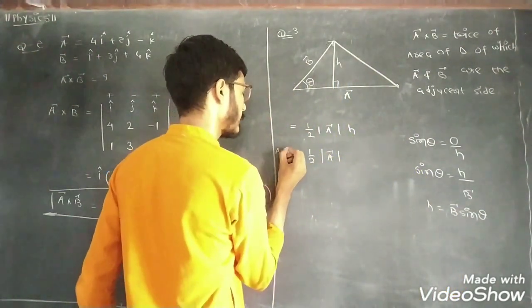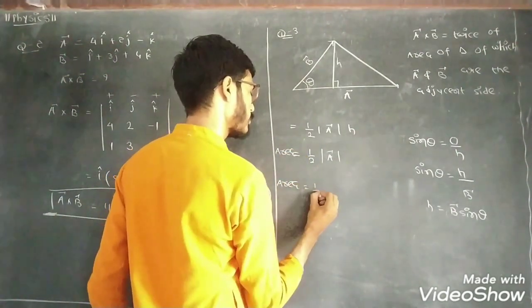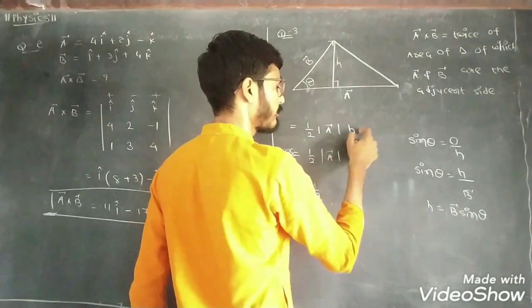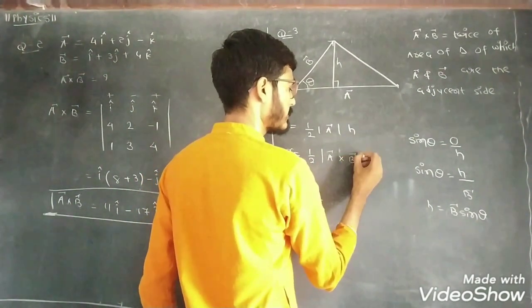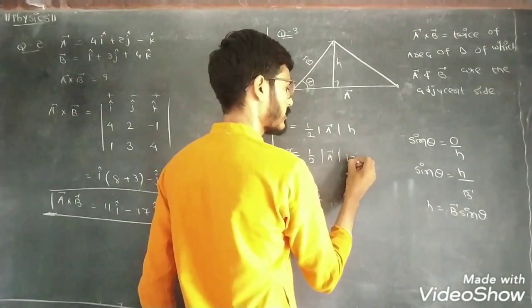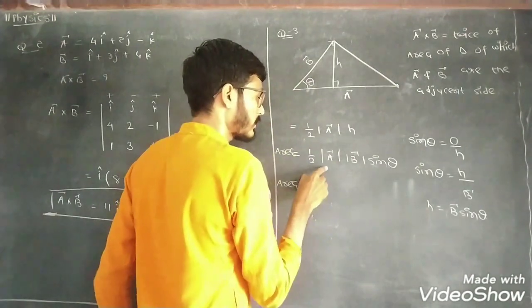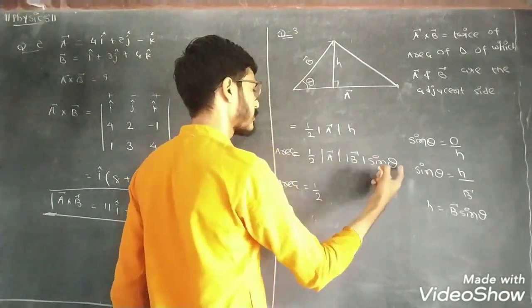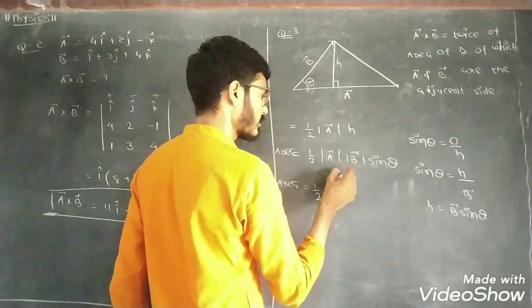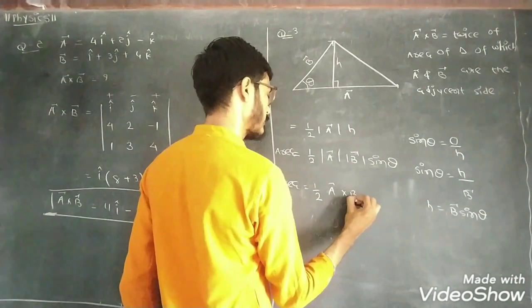So area is equal to half, A as it is, and the value of h is mode B into sin theta. We know that mode of A into mode of B into sin theta is the formula of the cross product, so the answer of this is A cross B.